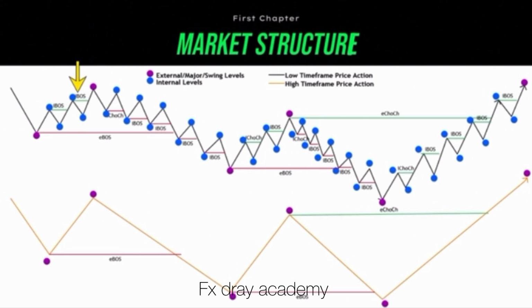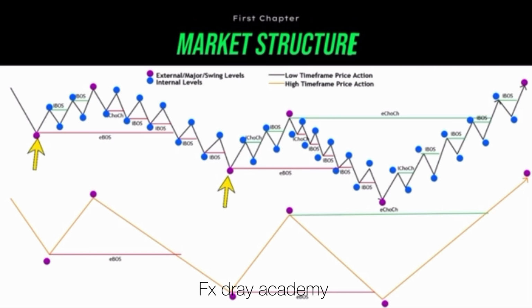So internally, this is what you are expected to see, because as I will keep saying 1,000 times, a pullback, either to a resistance or a support level on a higher time frame, on your external time frame, on your external range, is a trend on a lower time frame.